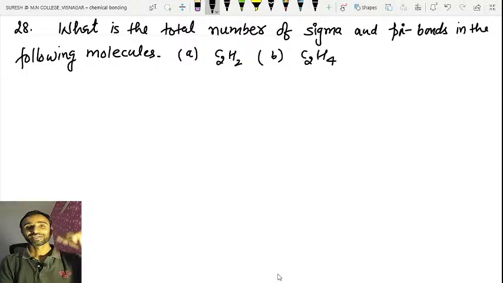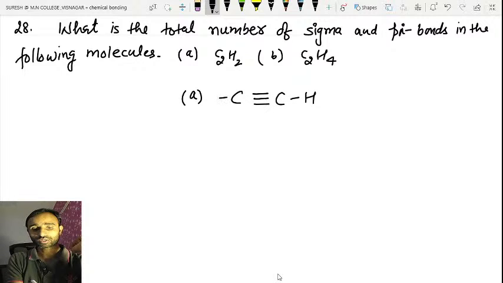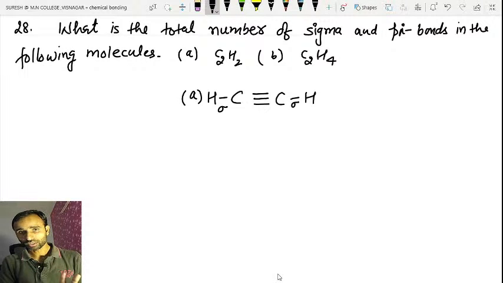Tell me now, how many sigma and pi bonds are present? You know, C2H2 can be represented as HC triple bond CH. See, one of them is a sigma bond, because between two atoms there is only one sigma bond.